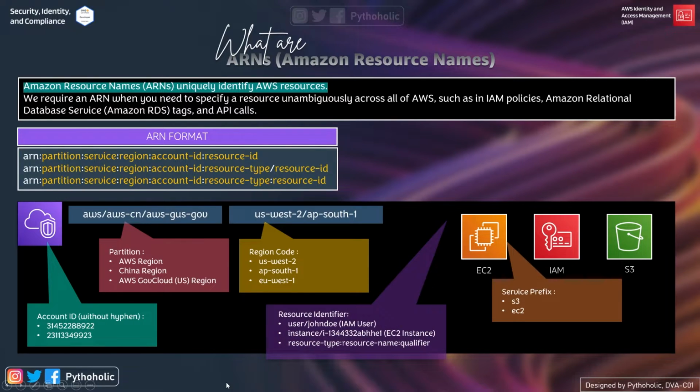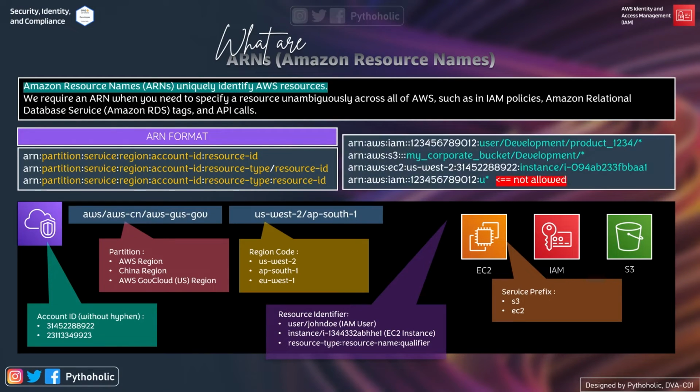Next, we have the resources themselves, which have their own resource identifiers. For example, the resource identifier that we have for IAM users will be user/JohnDoe, and for an EC2 instance, it will be instance/i- followed by the letters that we have. And there will be a syntax of resource type:resource name:qualifier. And when we combine these to form an ARN, they look something like this. The first one is arn:aws:iam.